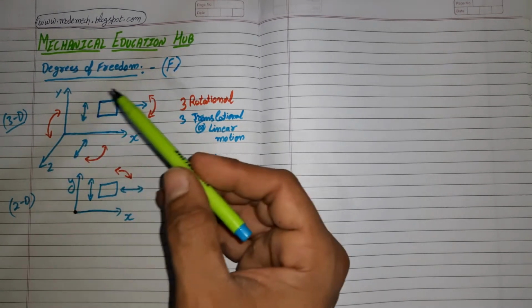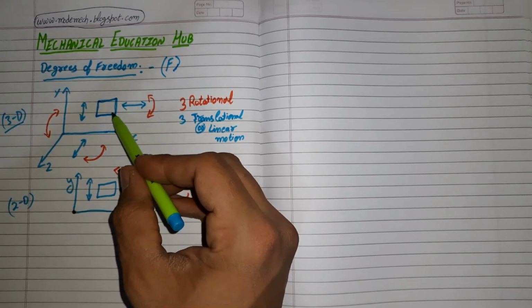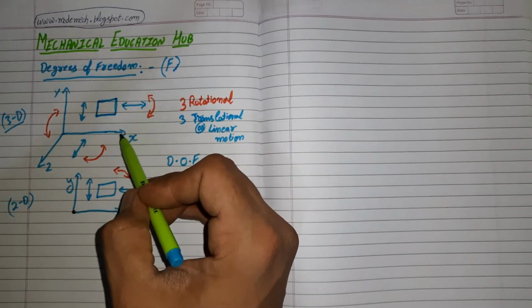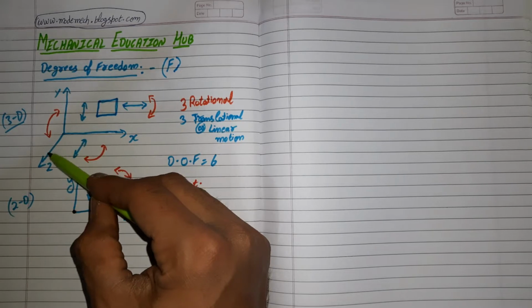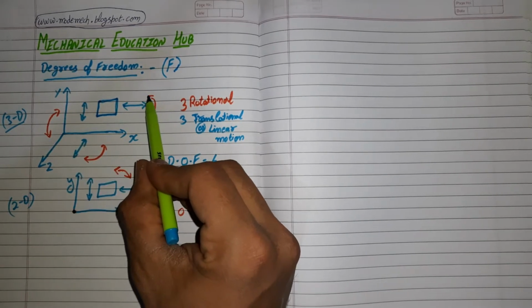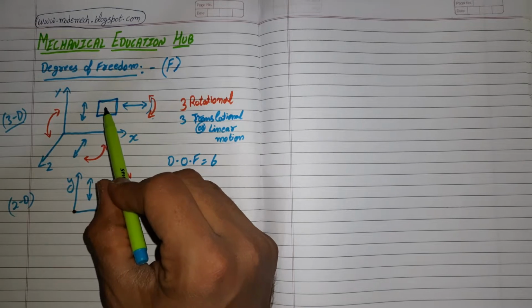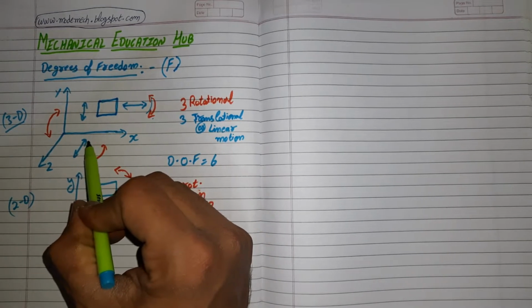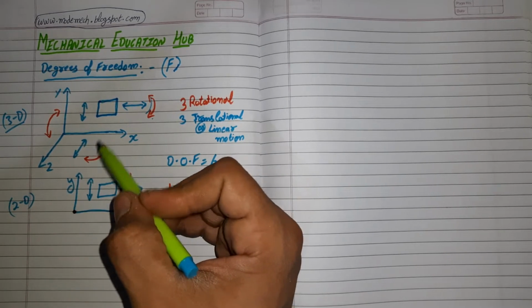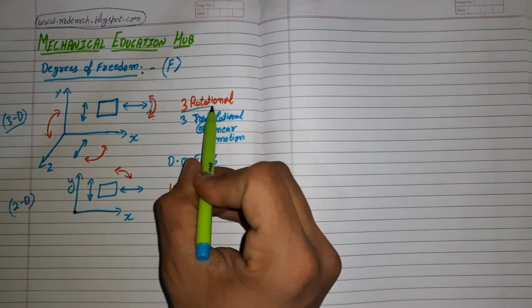Now it can have rotational motion also. So this object can rotate about x axis in yz plane. This object can also rotate about z axis in xy plane, and this object can also rotate about y-axis in xz plane. So maximum possible rotational motion this object can have in 3D space are 3.